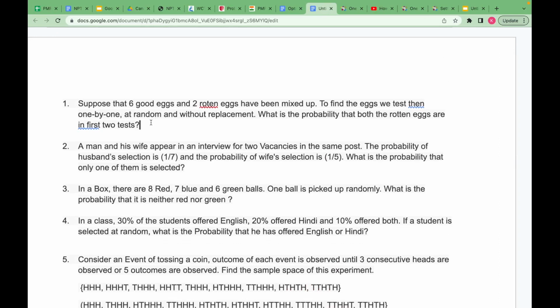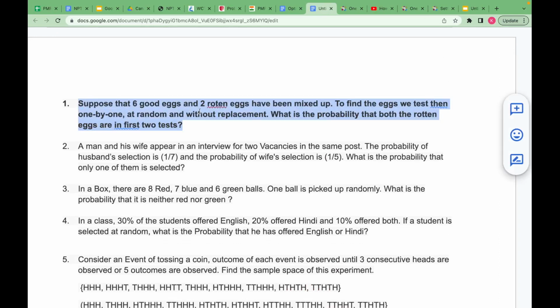So in this first question, we have 6 good eggs and 2 rotten eggs, and we are removing the eggs without replacement. What is the probability that both the rotten eggs are in the first two tests? When we inspect the first egg, the probability that it is rotten will be 2 by 8.